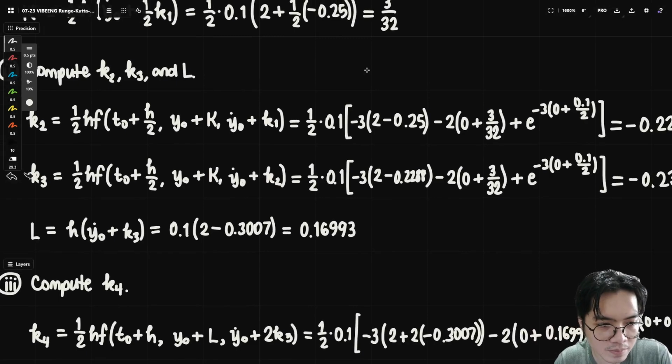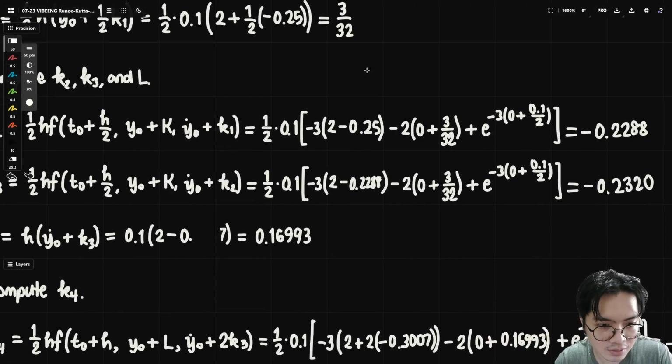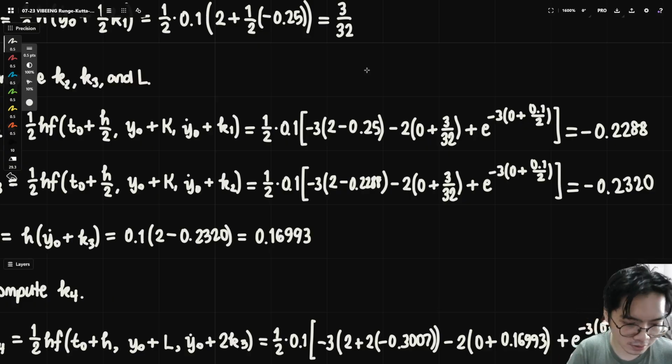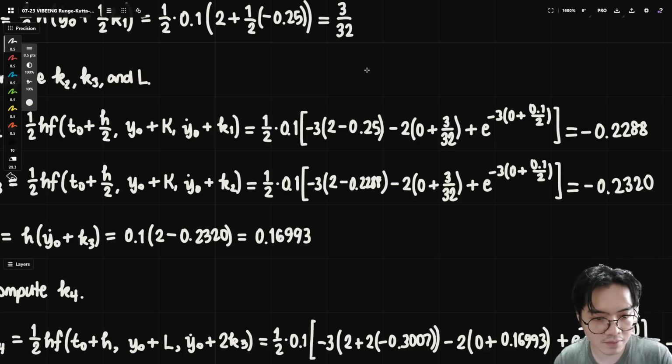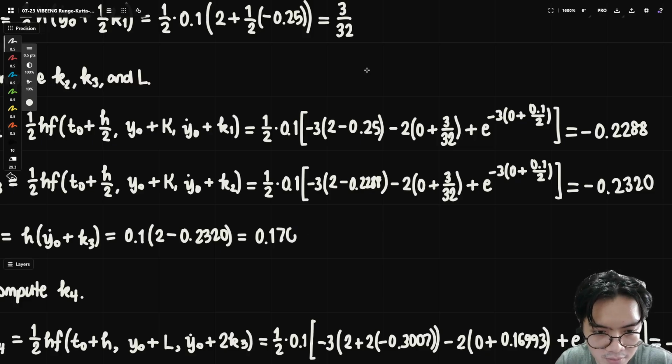L naman ngayon will be K3, which instead of this will become 2320, and this will be edited to become 0.2320. So will become 0.1768. 0.1768.